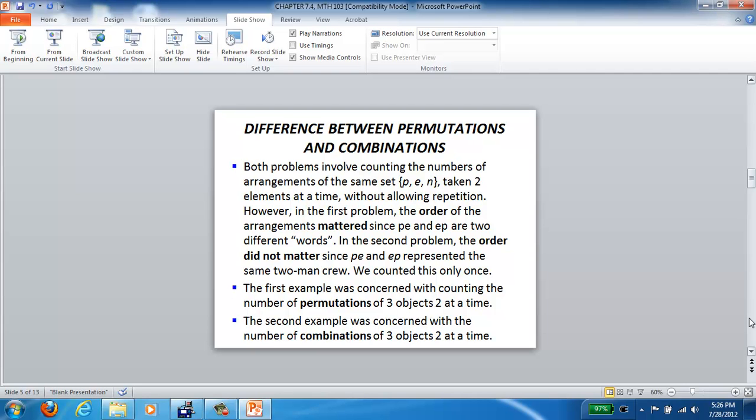As a result, in the first case we talk about permutations, where we take 3 objects 2 at a time, and in the second case we talk about combinations of 3 objects 2 at a time. We will use the letter n for the objects, and r for how many we choose every time. So one more time, the difference between permutations and combinations is the order. If order is important, we have a permutation. If order is not important, we have a combination.